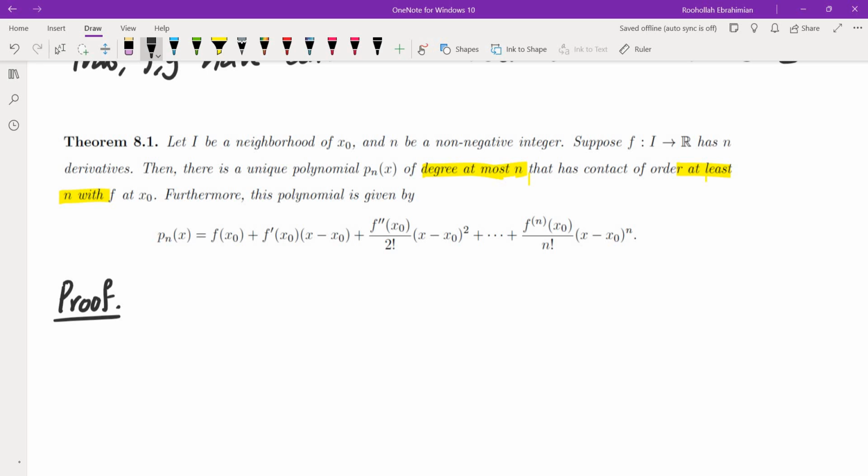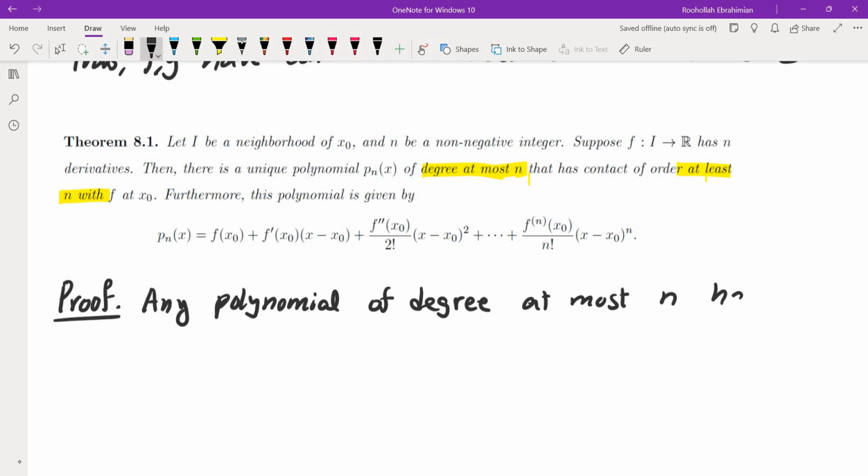The first thing we need to notice is that if you have a polynomial of degree at most n, then you can write it down. So let me write it down. Any polynomial of degree at most n has the form some constant plus constant times x, that's basically the definition of a polynomial, all the way to a_n x to the power of n.